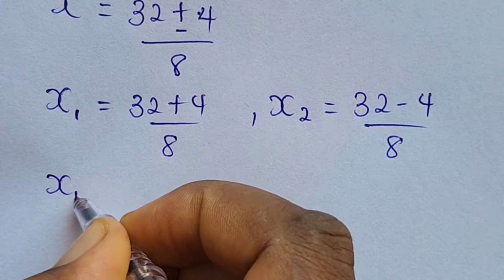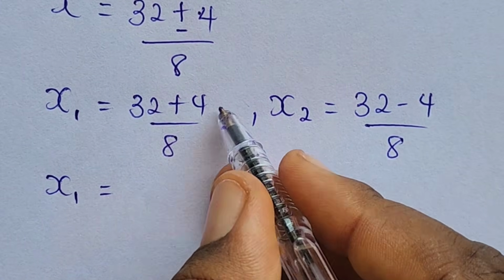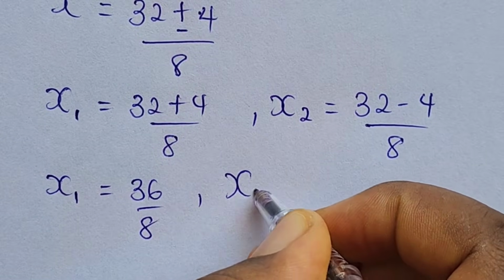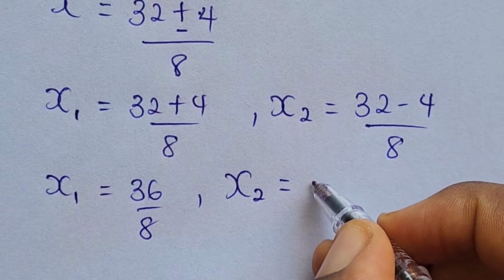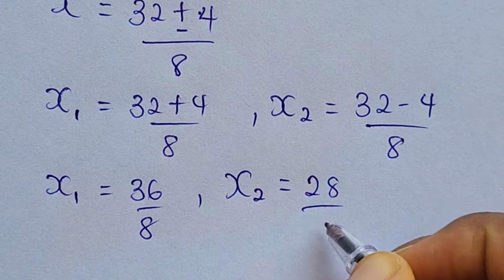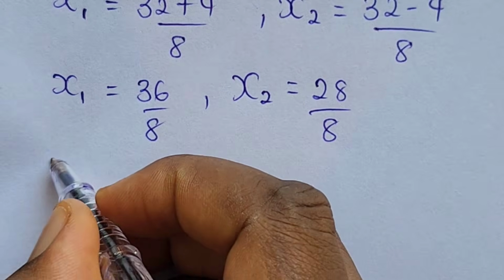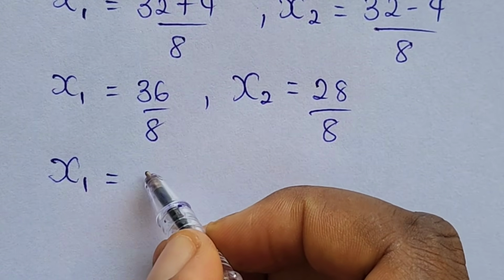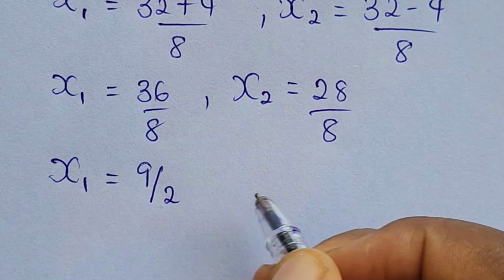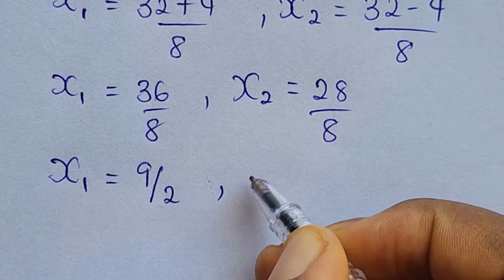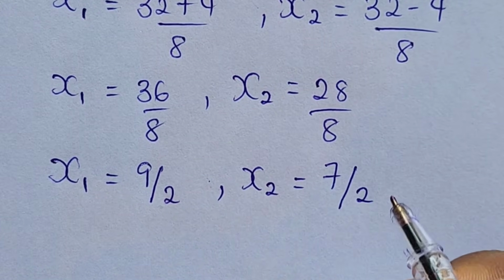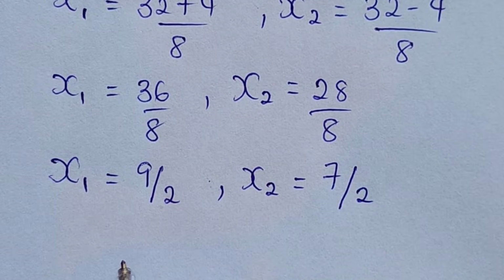We have x1 to be equal to 36 over 8, and our x2 is equal to 28 over 8. So we have our x1 to be equal to 9 over 2, and x2 is equal to 7 over 2. So we've gotten the two values of x.